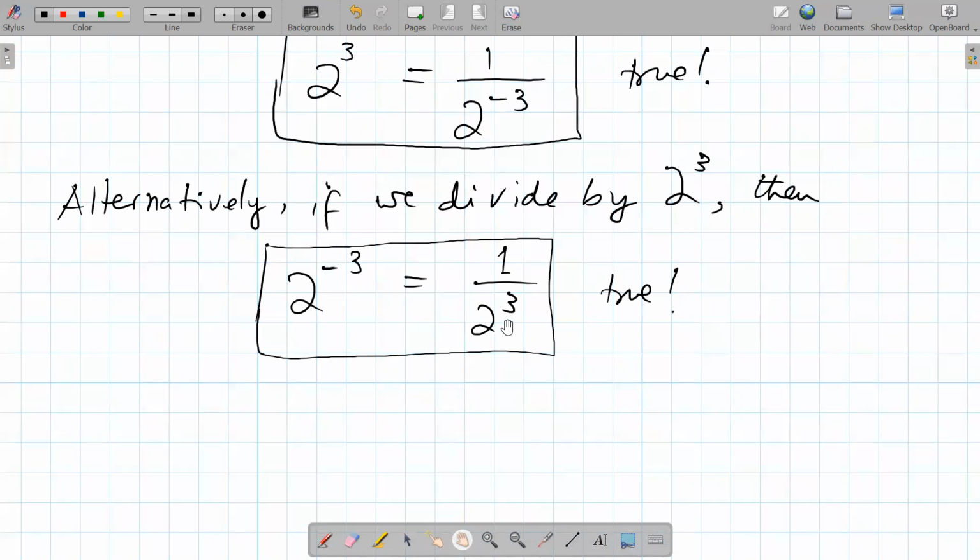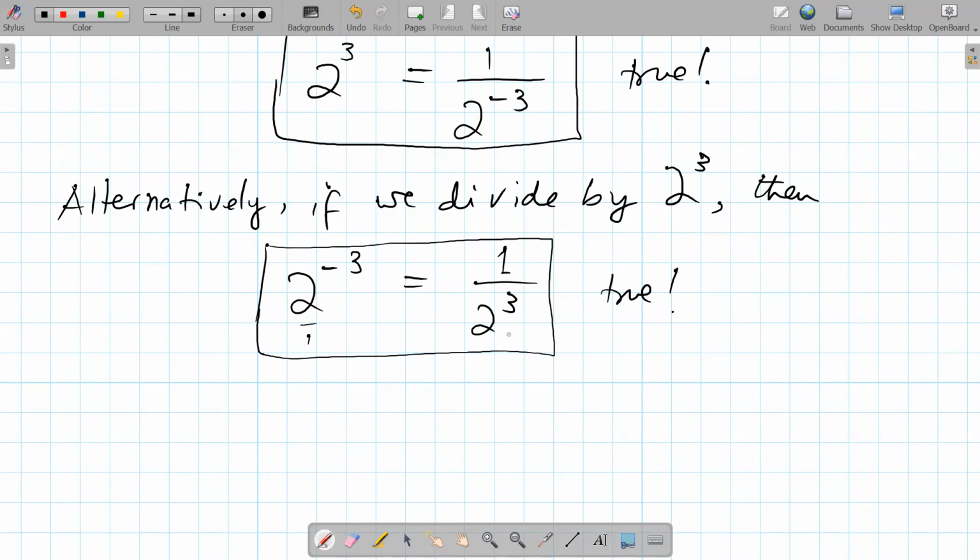And what are we seeing here? There is an exchange. The position is changed. Okay, so look at this carefully. 2 to the negative 3. In other words, we can divide this by 1. If you divide 2 to the negative 3 by 1, it is the same as 2 to the negative 3.